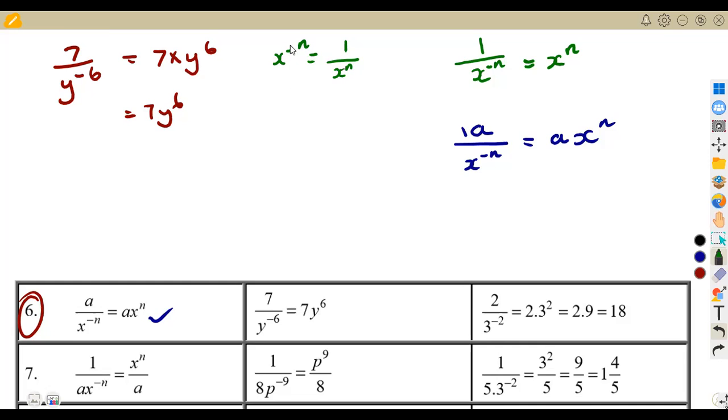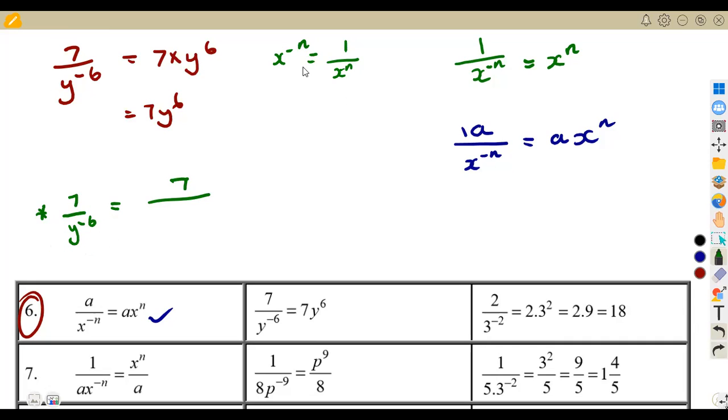Please don't confuse these negatives, guys. So if I wanted to have this in a longer way, I could have done it this way: 7 over y to the exponent of negative 6 is the same as 7 over y to the exponent of negative 6 that we see.